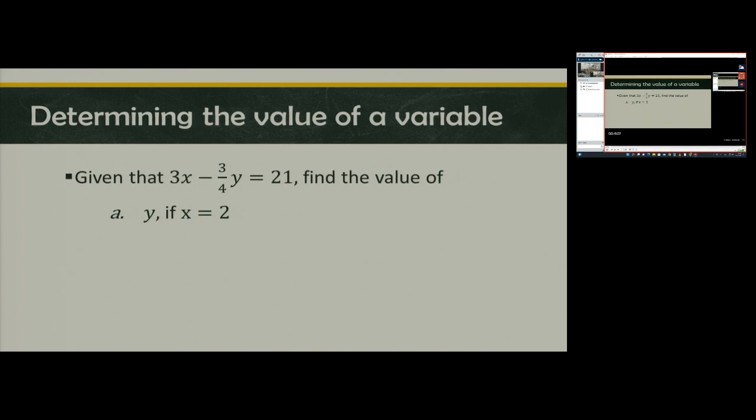Anyone who wants to try, just try. Answer is five, five, five. Answer is negative 20. Very good.